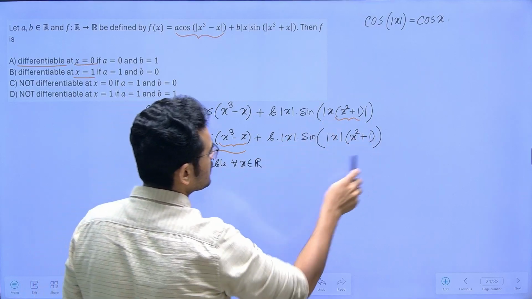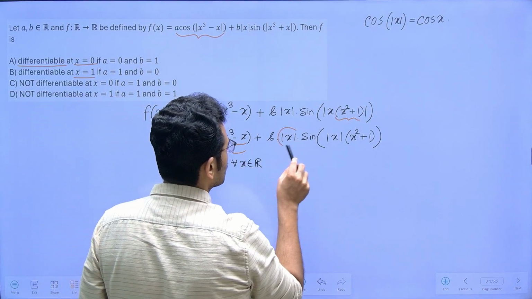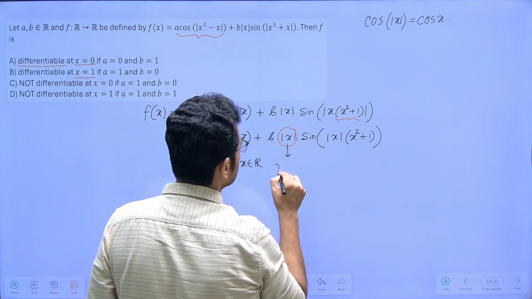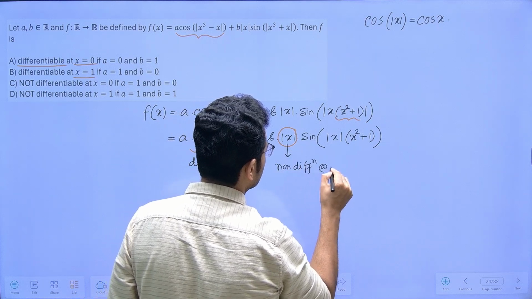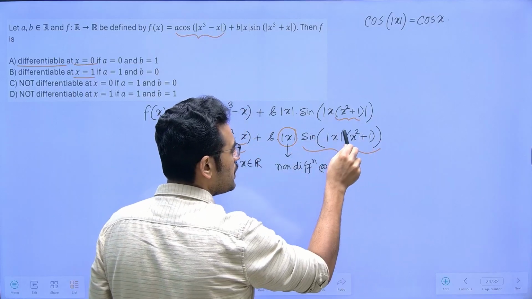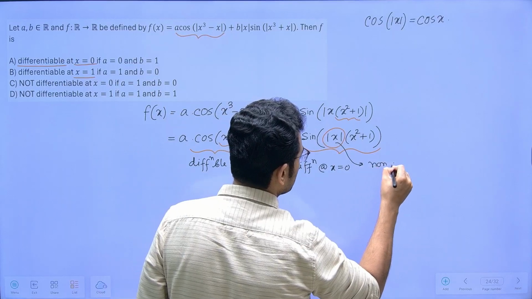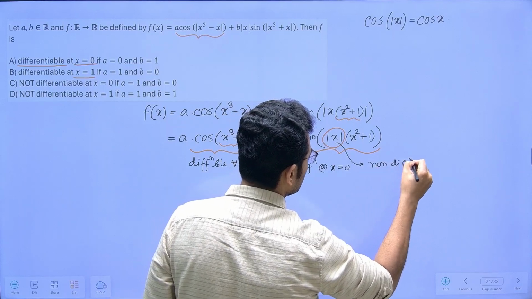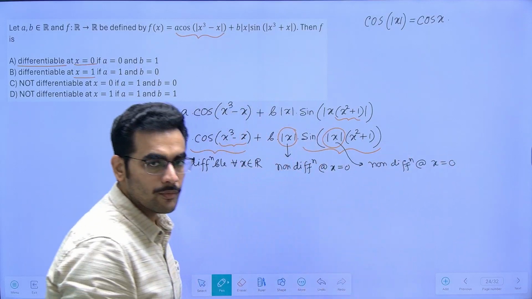What about this function? Mod x is non-differentiable at x = 0, and this function will be non-differentiable due to the presence of mod x. So that is also non-differentiable at x = 0, right?